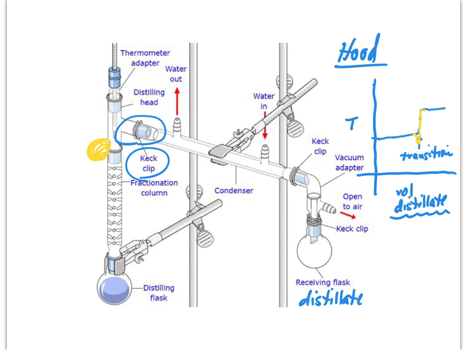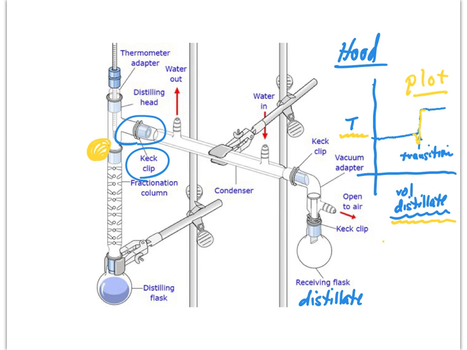So whenever we do a distillation in this class, we will always collect volume and temperature data in our lab notebooks. And we will do this plot to monitor our distillations, right?